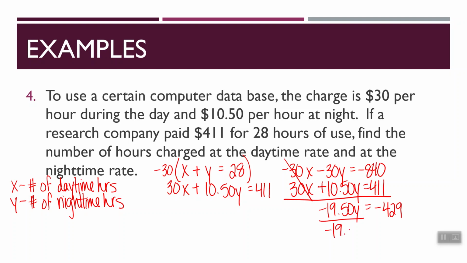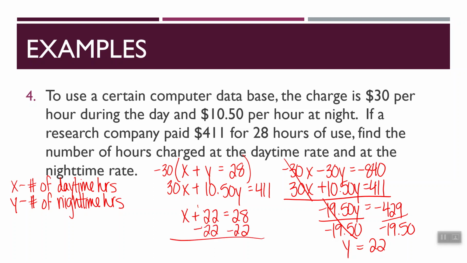I'm going to divide both sides by -19.50, and we get that y equals 22. That means there were 22 nighttime hours, and again, we know that there were 28 hours altogether, so we just do 28 minus 22, and I'm just showing you how to plug that back into the equation. A lot of students can end up skipping this last step here, and we get 6.